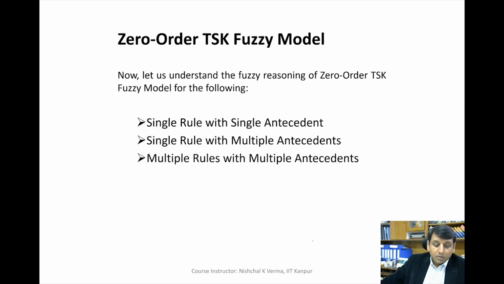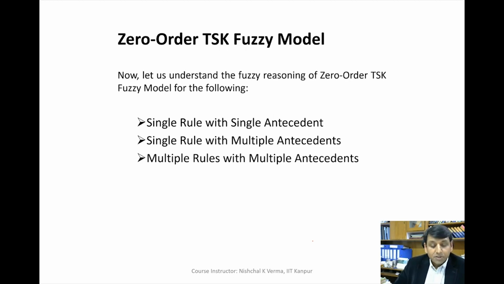So let us now go for the fuzzy reasoning of the zero order TSK fuzzy model, and we have three cases, as we have had earlier for other fuzzy models.